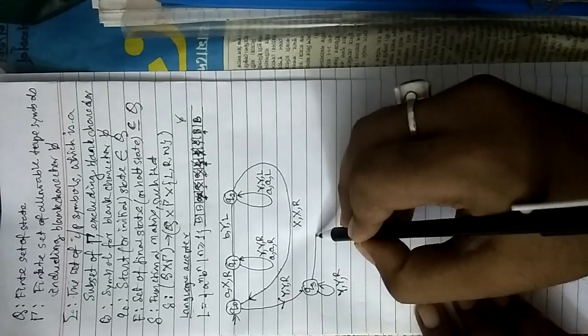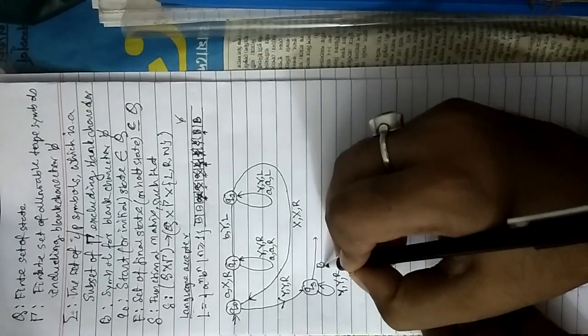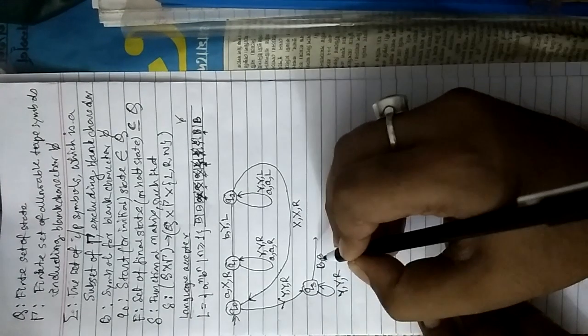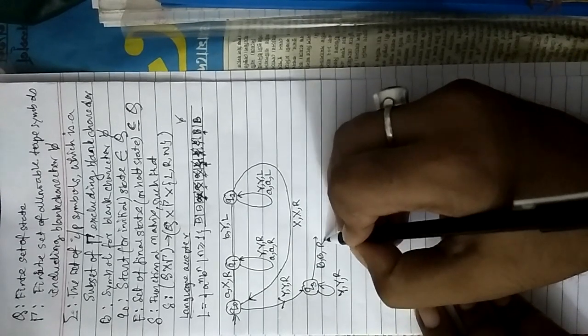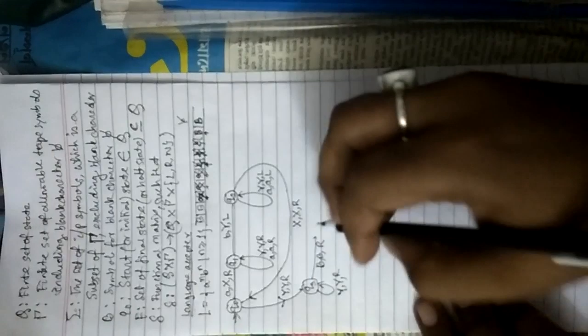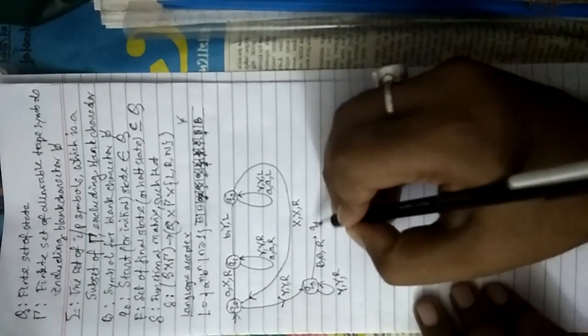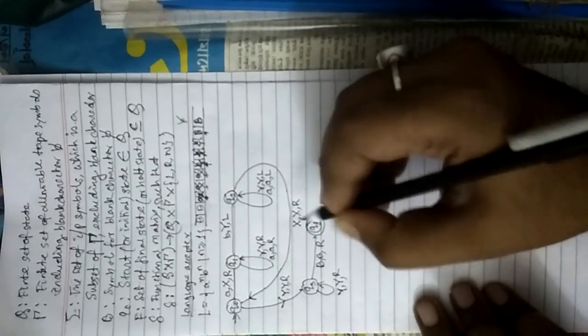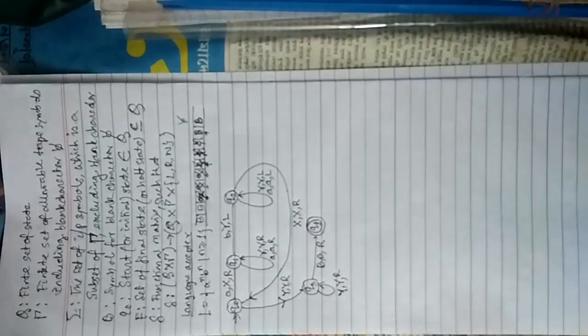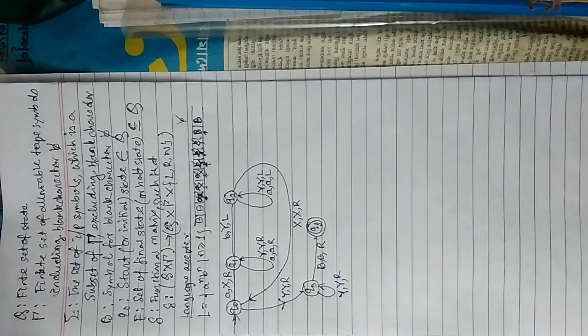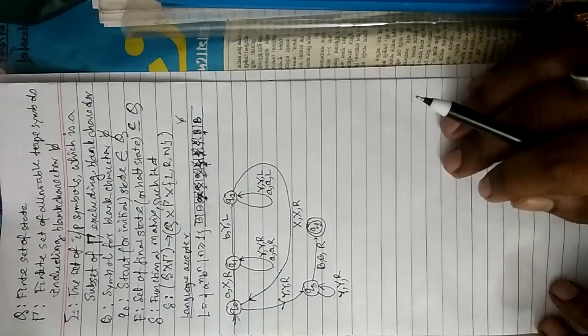So you are reading a blank, replace this blank with blank, and move towards the right. Since you are reading the blank, you are in the final state, which I represent as QF. This is your diagram of this language acceptor using Turing machine.